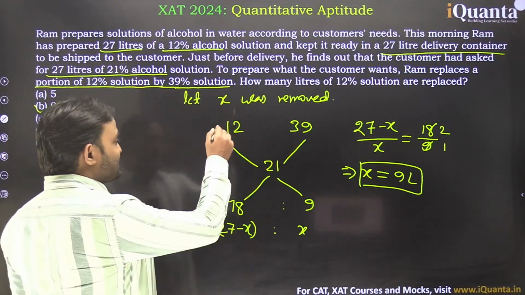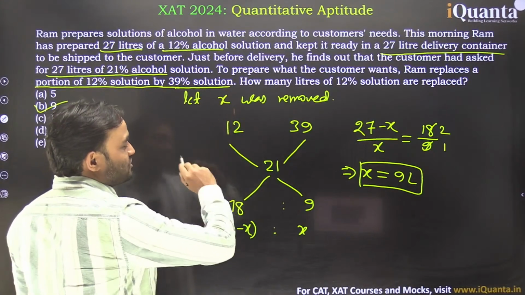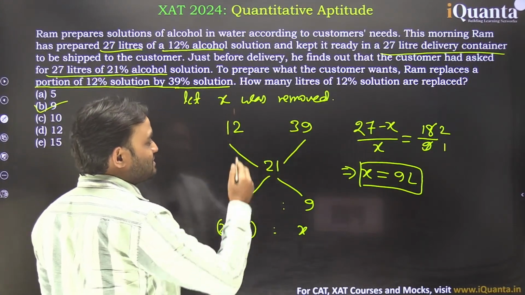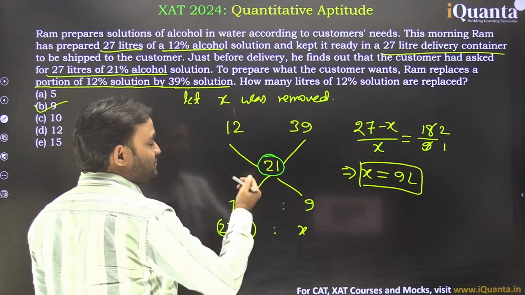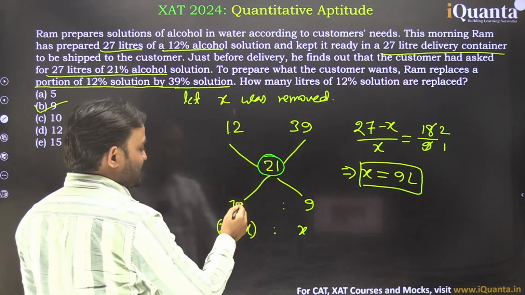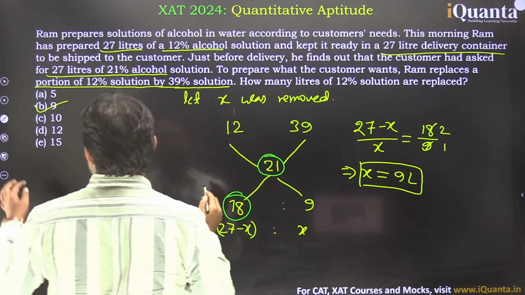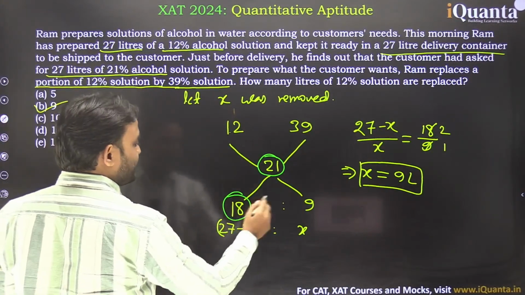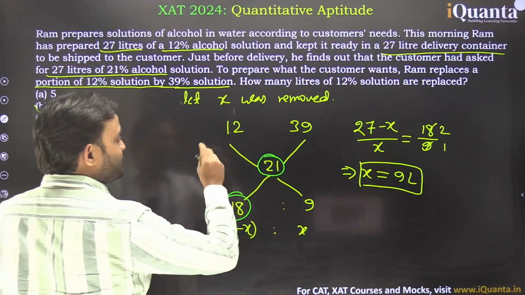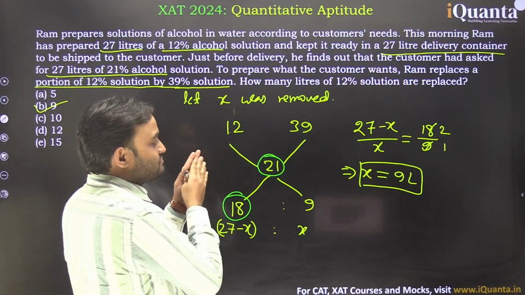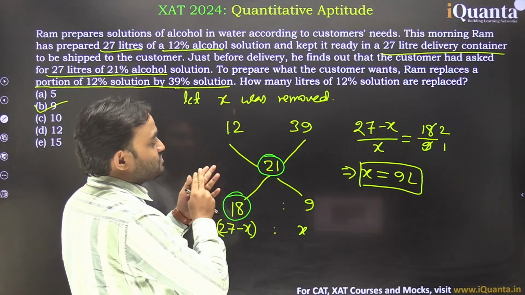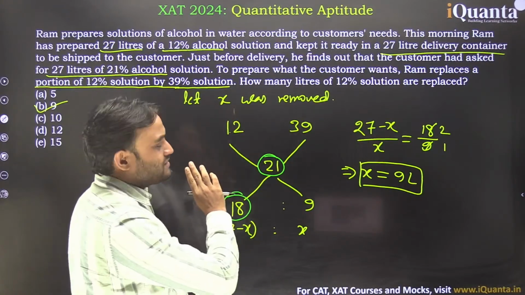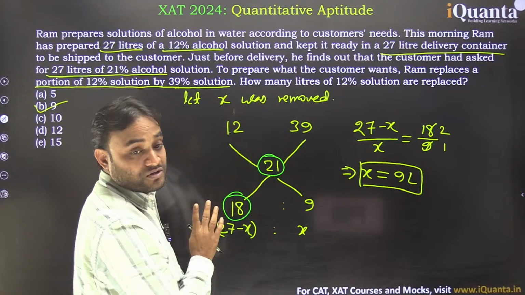Last step, this is 12% solution, this is 39% solution. These two are being mixed to achieve this one. So 39 minus 21 is 18, 21 minus 12 is 9. So the ratio is 18:9. If you mix 2 units of 12% solution with 1 unit of 39%, then you will get 21% solution.